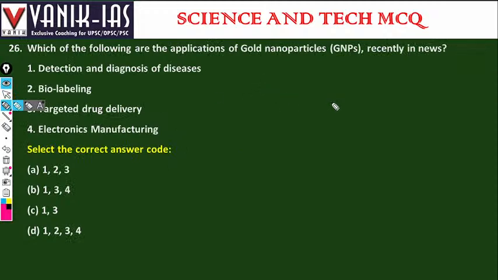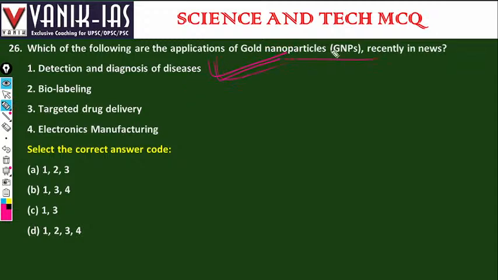Which of the following are the applications of gold nanoparticles, GNPs, recently in news? Detection and diagnosis of diseases.